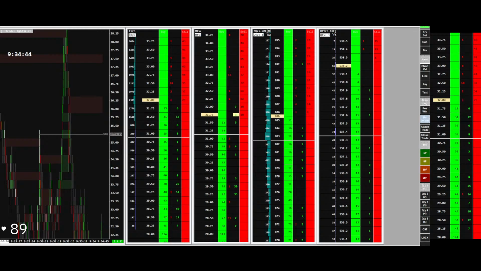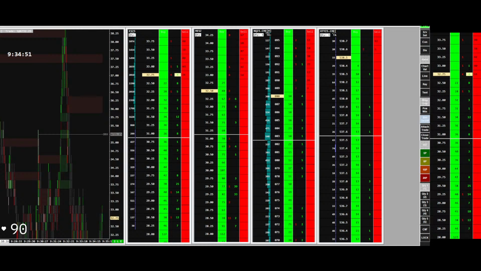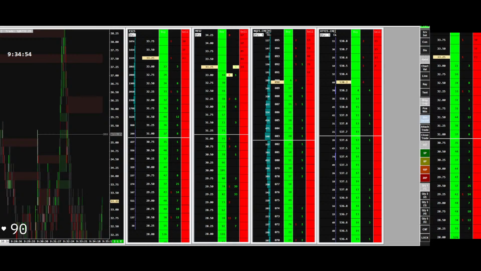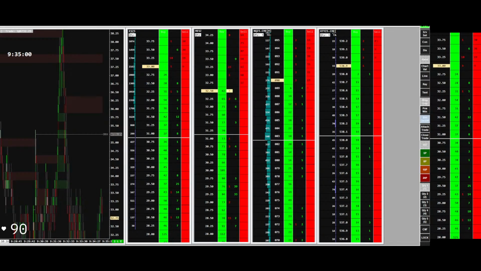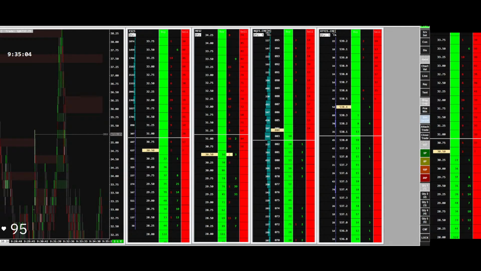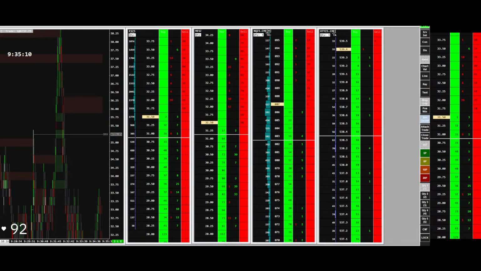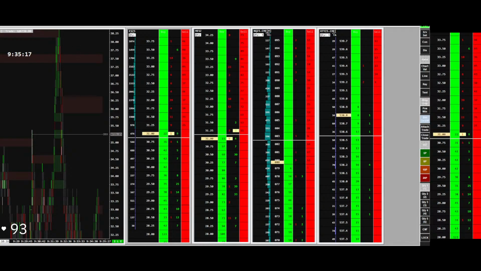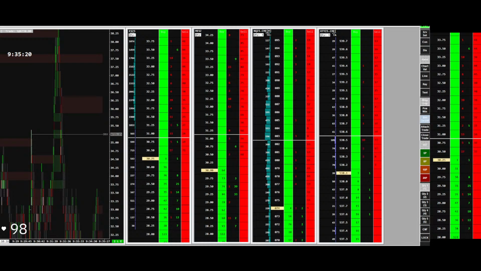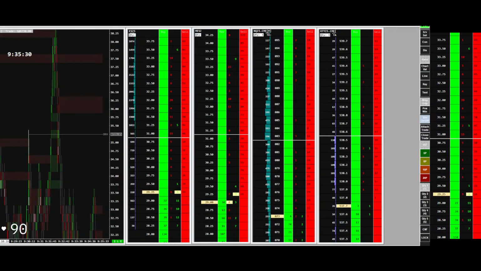Let me reconnect. Receive chartbooks. I need to reload my search charts. I'm still not seeing it.